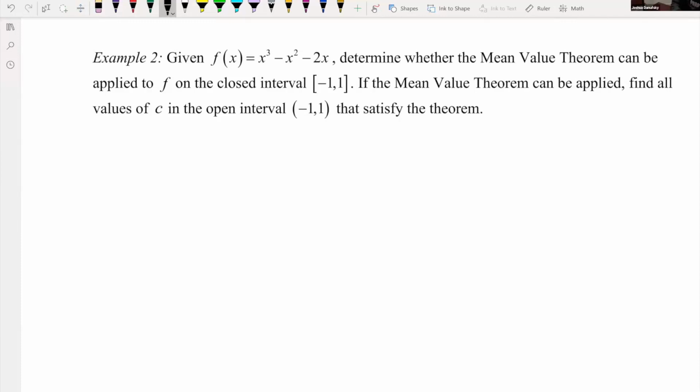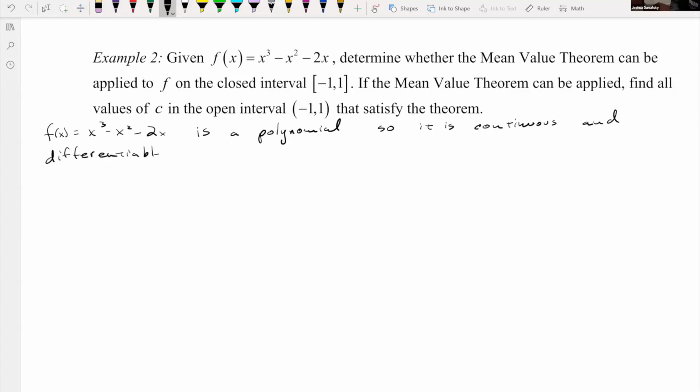F of x again is a polynomial and is continuous, I should say, so it is continuous and differentiable on R. So f is continuous on negative 1 to 1, and differentiable on negative 1 to 1.